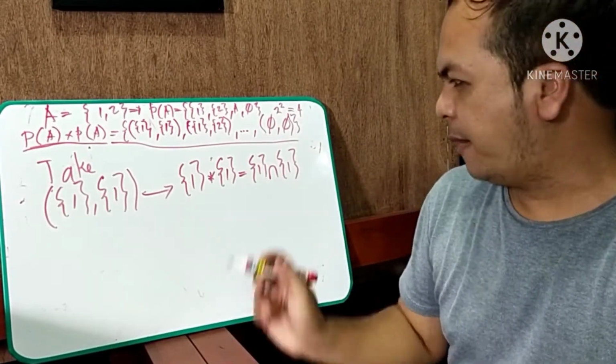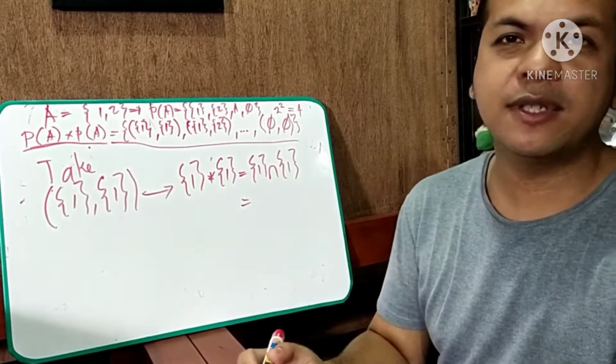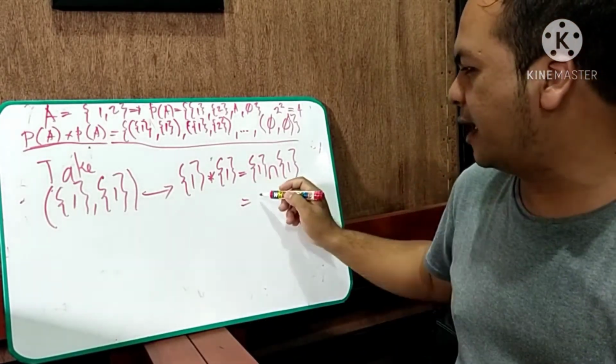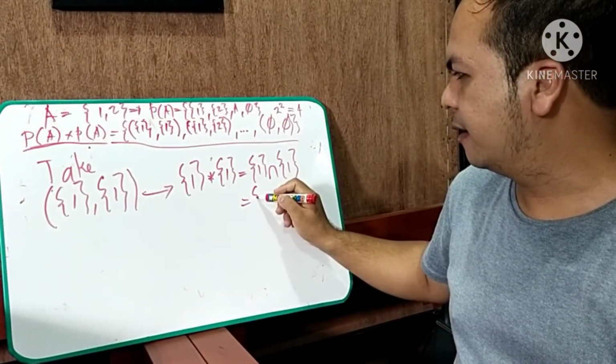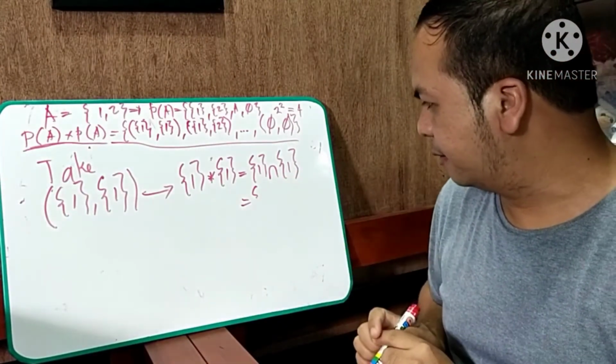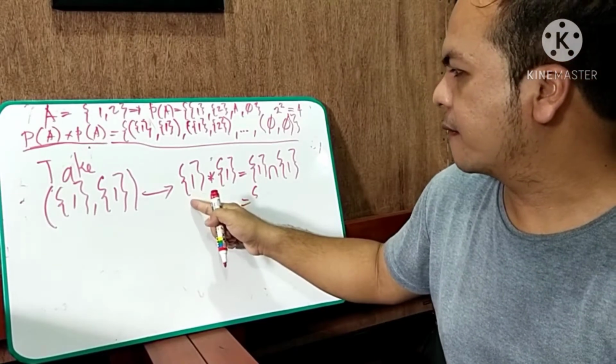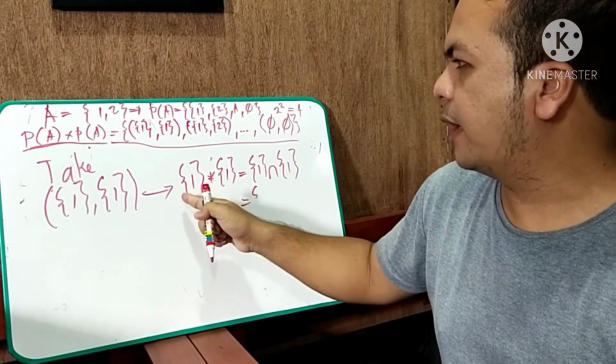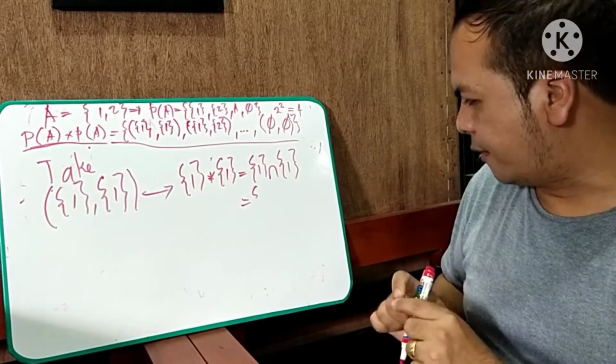But what is the intersection of the two sets?